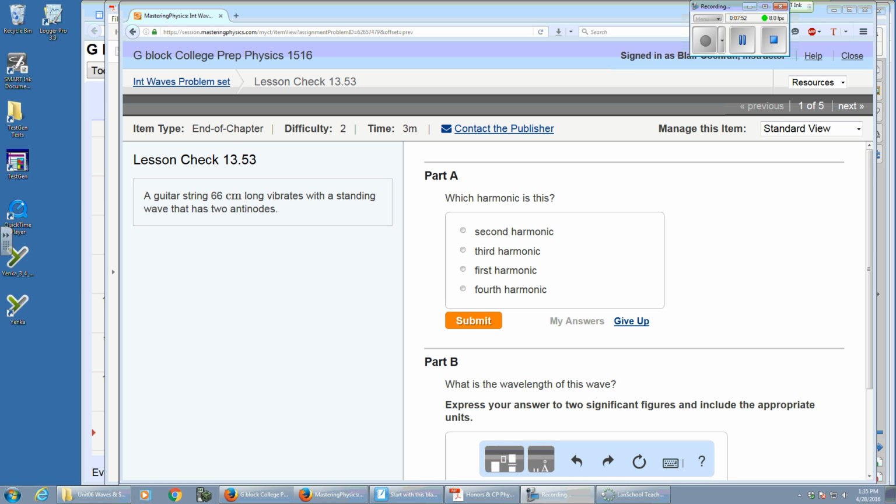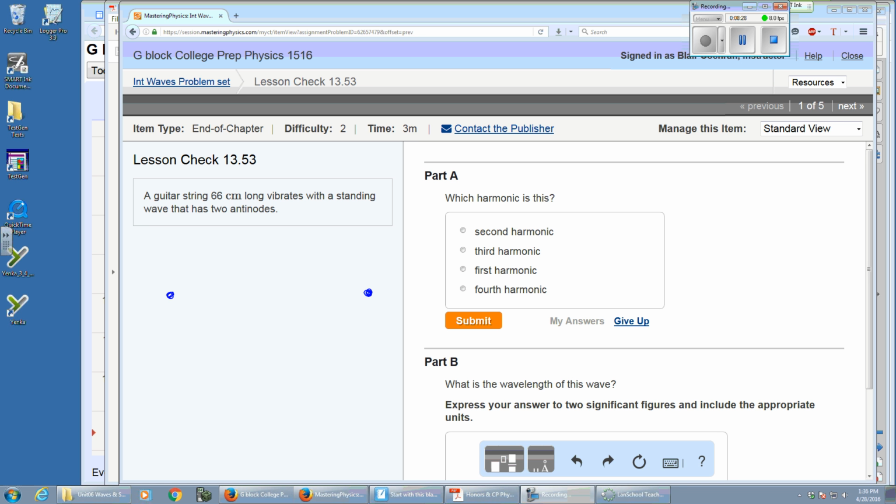So there must be a fixed end, which on a standing wave would give you a... What part of the standing wave would be at the end of this string since it's a fixed end? A node, correct. So every time we have a vibrating string, it goes from node to node.